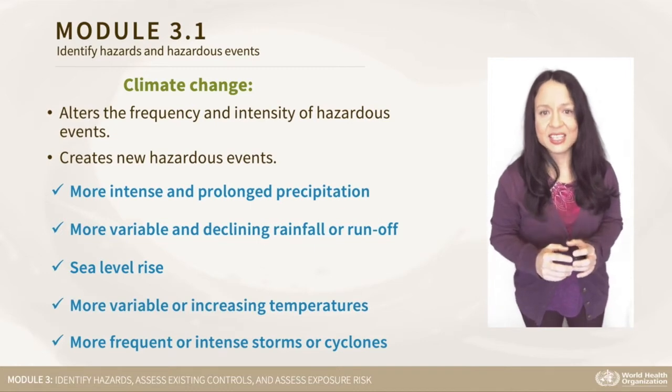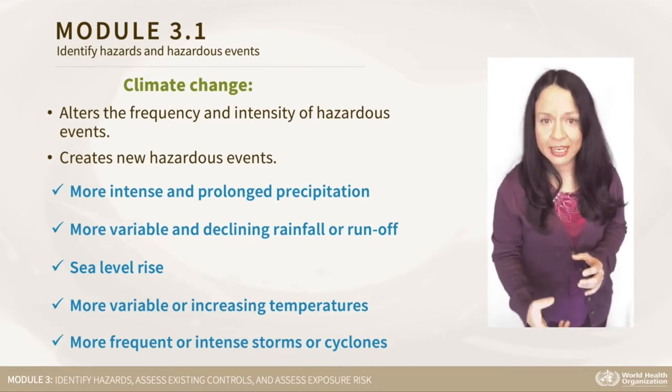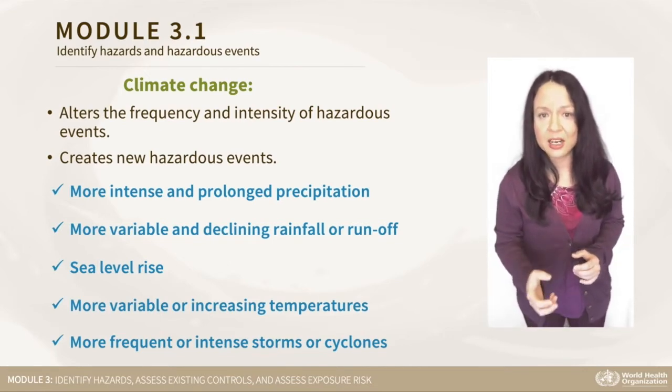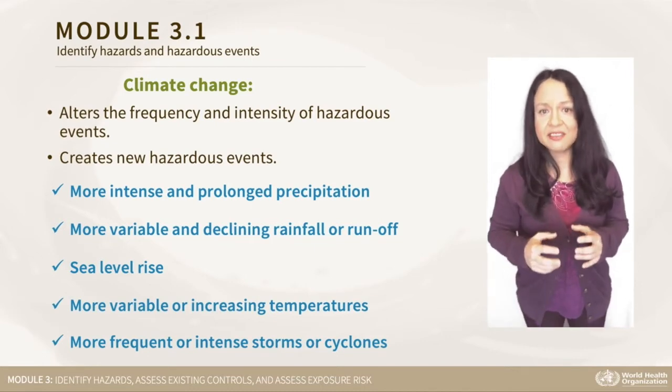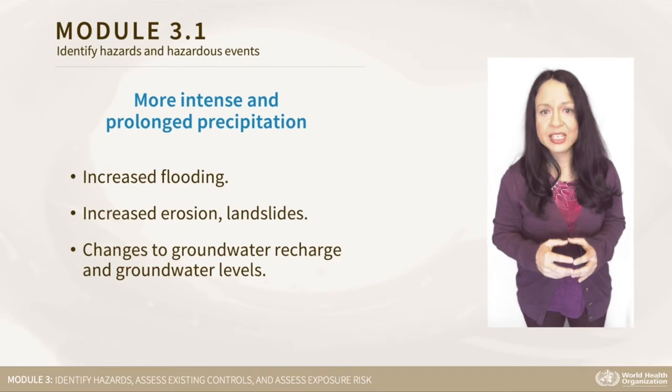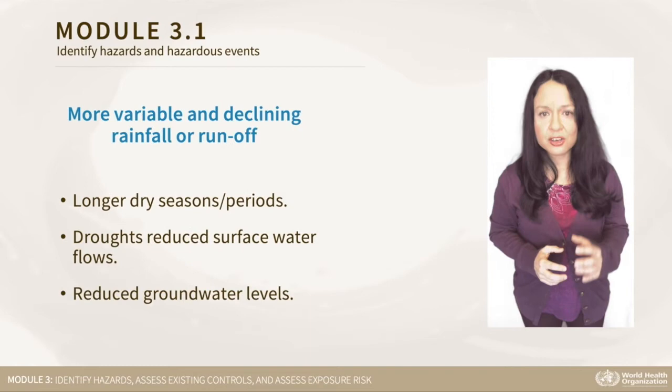These changes in the local hydrological cycle create effects that in turn exacerbate existing and potential hazardous events or create new ones. These effects can be increased flooding, increased erosion and landslides, changes to groundwater recharge and groundwater levels, longer dry season periods.